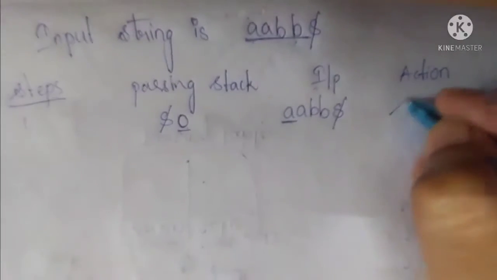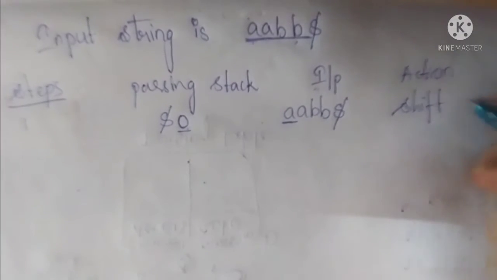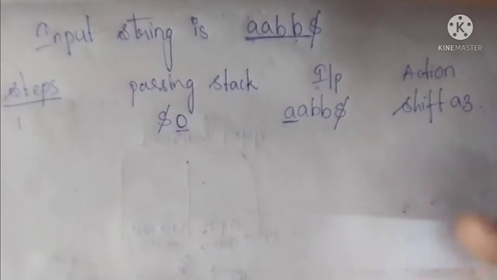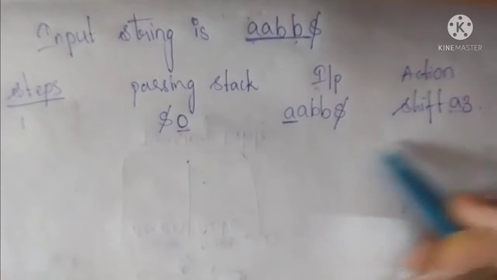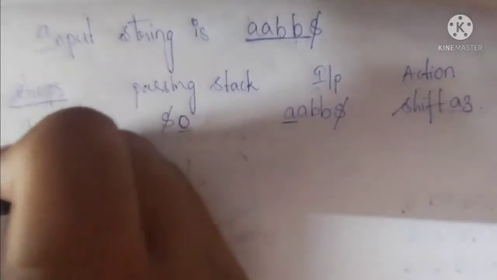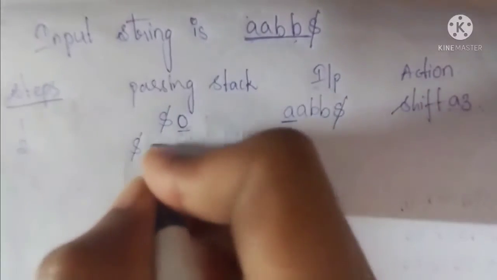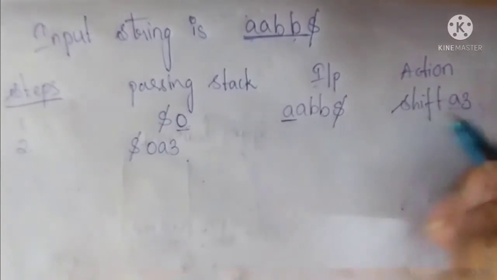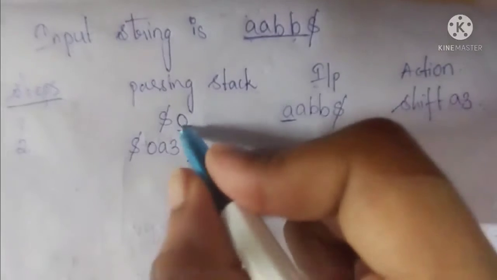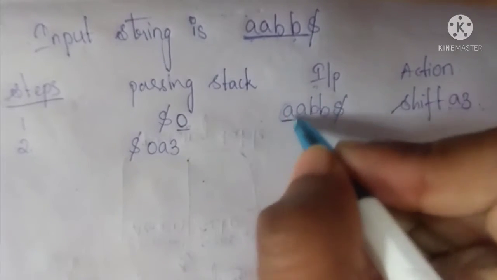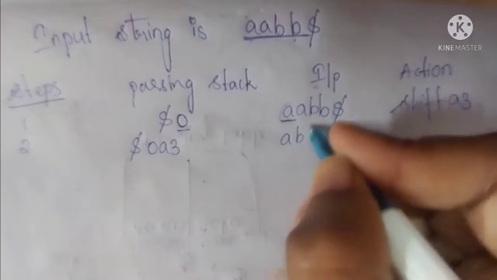You have to write shift A3. So this A3 you have to shift here. In the second step: $0 A3. This A has already been shifted here, so remove this A and write ABB $.